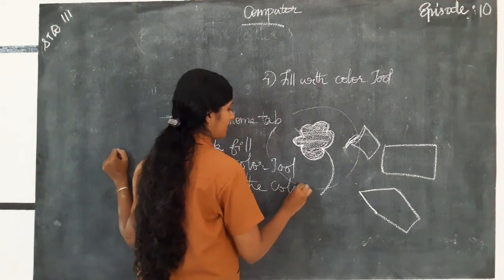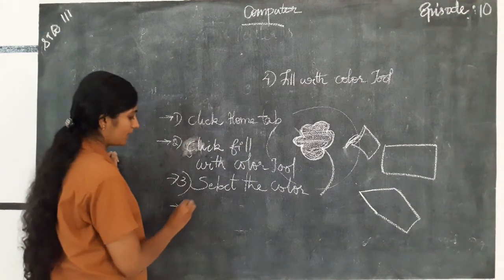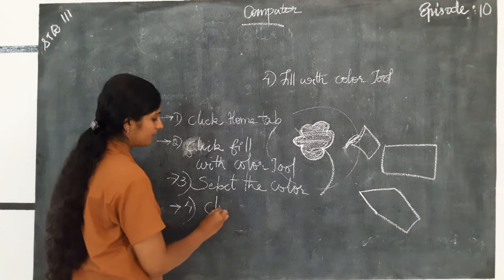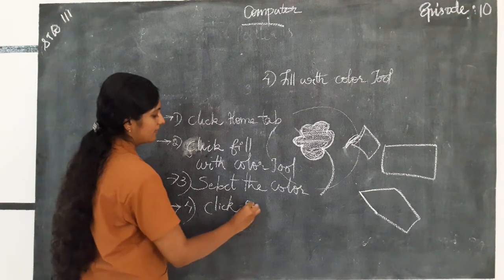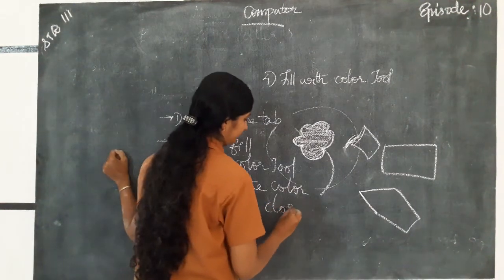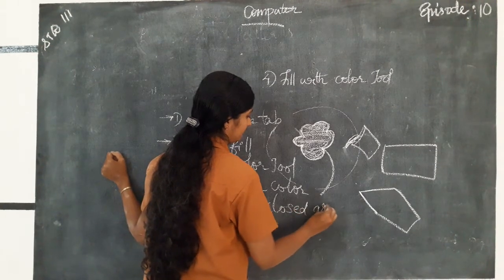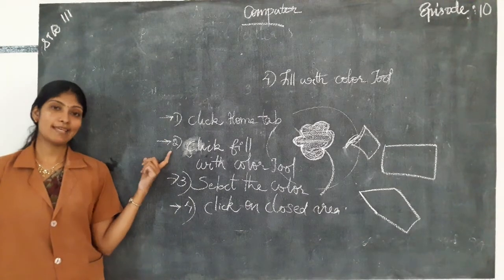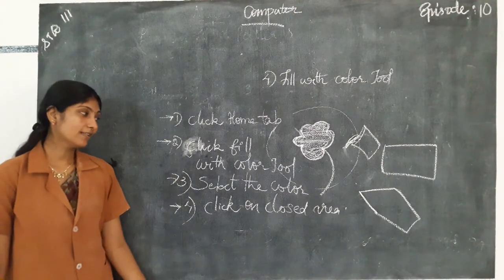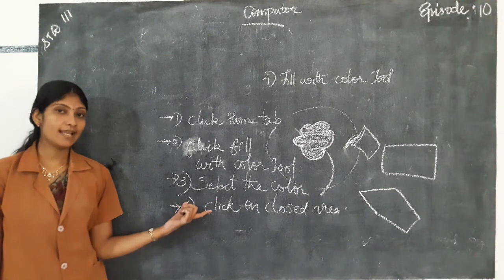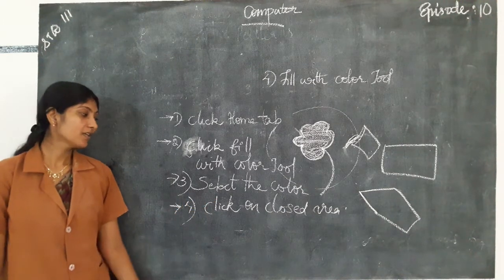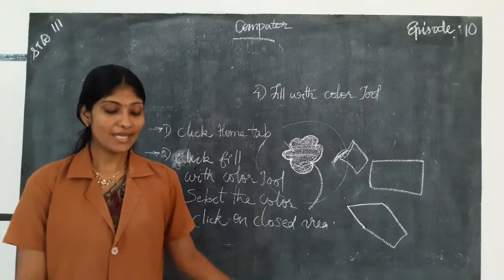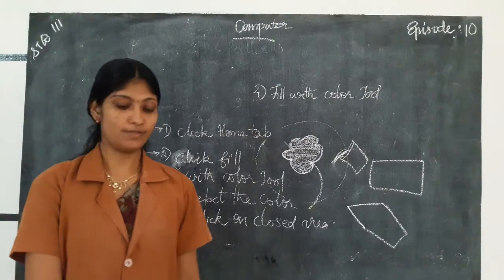And fourth step, click on the closed shaded area, or closed area. Okay, so once again, click Home tab. Second step, click Fill with Color tool. Third step, select the color. And fourth step, click on closed area. So next tool is Text tool.